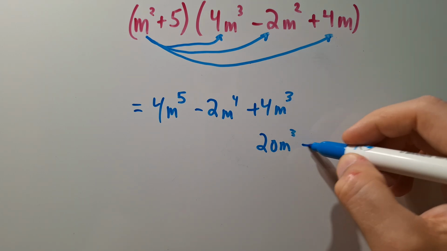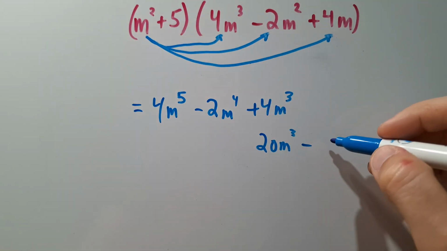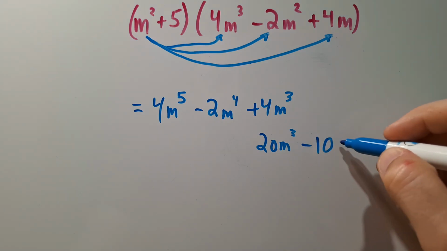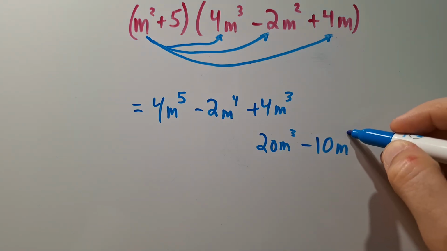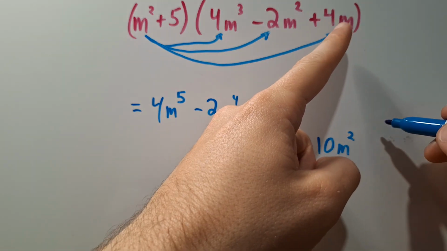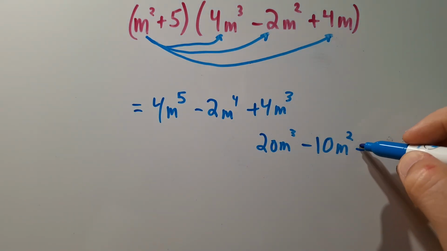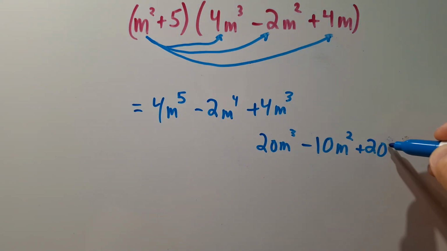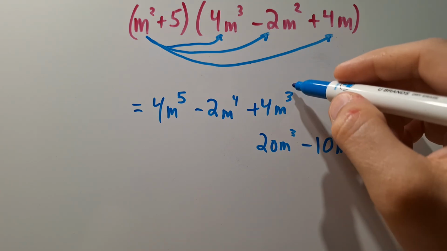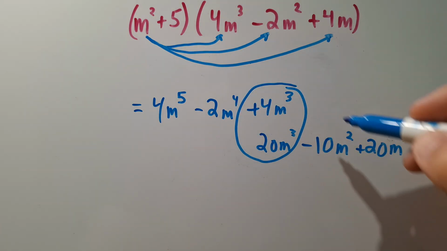Let's keep going. 5 times negative 2m squared, and then 5 times 4m. This is my only set of like terms.